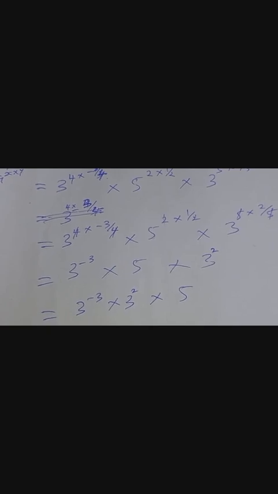Simplifying it is applying another law of indices, and that states that a raised to the power x times a raised to the power y will be equal to a raised to the power x plus y.